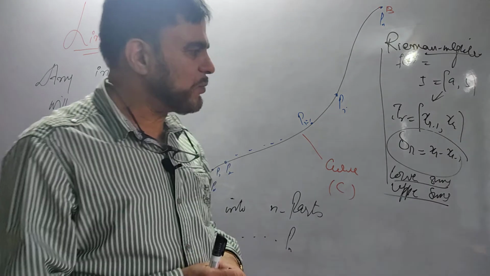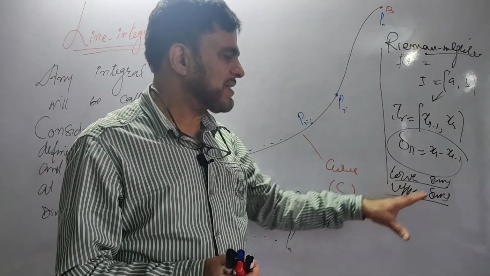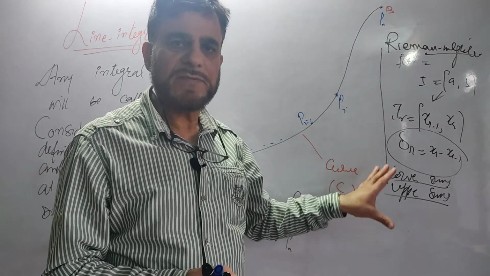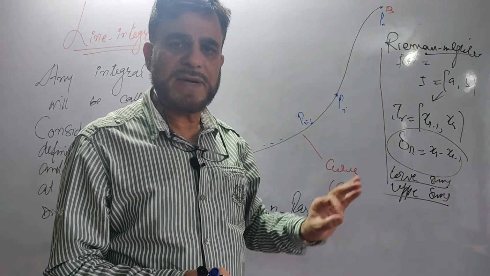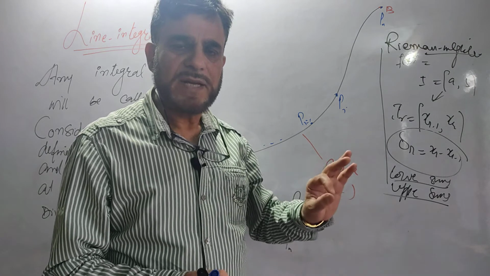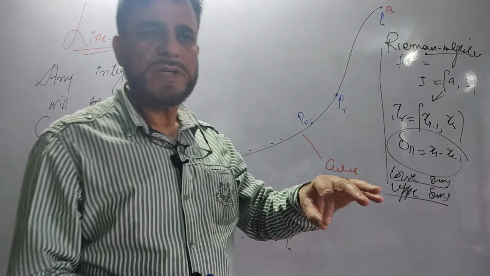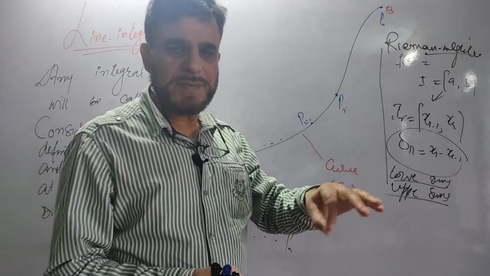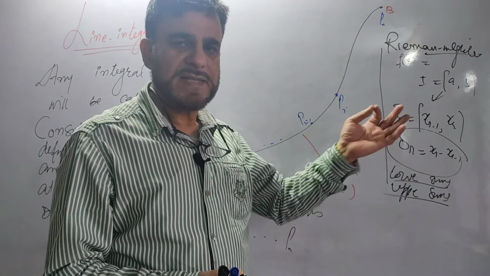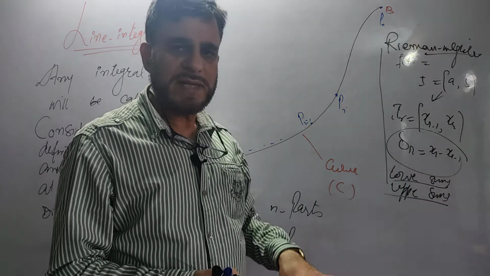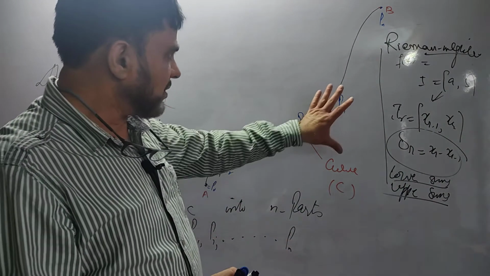There also, for finding the lower sum and upper sums, we use the limit of sum. We say that the lower Riemann integral exists when the limit as n tends to infinity exists. Similarly, when we find the upper Riemann integral, there also we use the limit of the sum. It is based on the limit of sum.